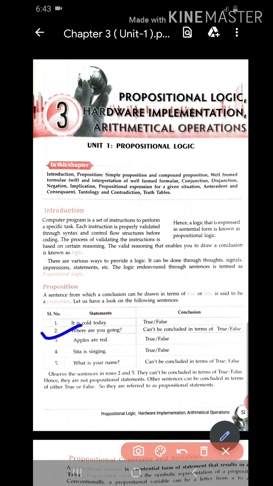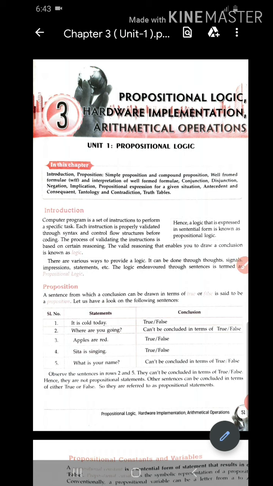This sentence can have many different answers. That's why this is not a propositional sentence. This sentence never provides us a conclusion that is true or false. These kinds of sentences are not propositional sentences. These things you have to remember.